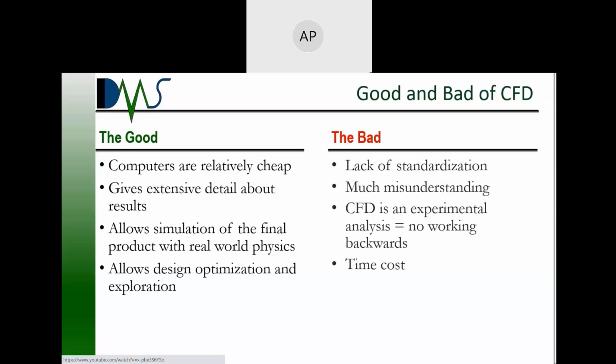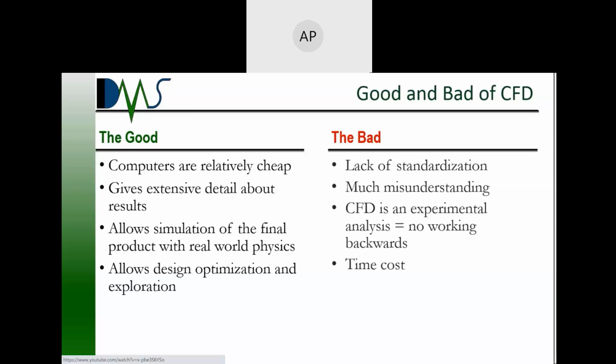Well, that's a lovely sales pitch, but where's the bad end? I will say CFD has a lack of standardization. If you go to the experimental end of fluid dynamics analysis, there's a lot of standardization there, and that's very nice for having a lot of confidence in comparing different vendors for experimental testing.